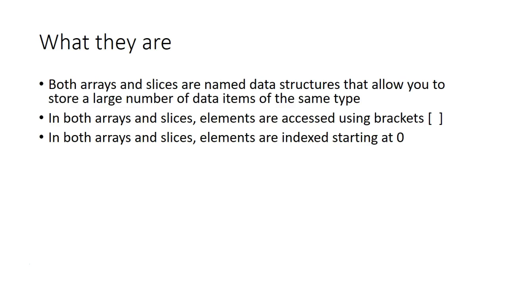The numbering in both arrays and slices starts at 0. There's very good reasons for that, but basically, if you trust me on this, all the formulas work out much, much easier if we start counting at 0. So the first element of a slice is numbered 0. The next one would be numbered 1. So I could have literally, and we will, 100 million elements in my slice.